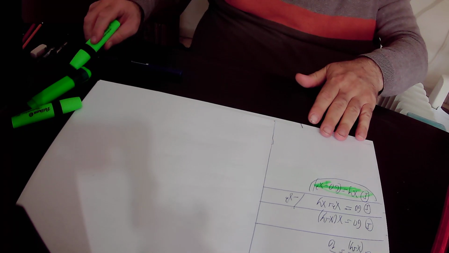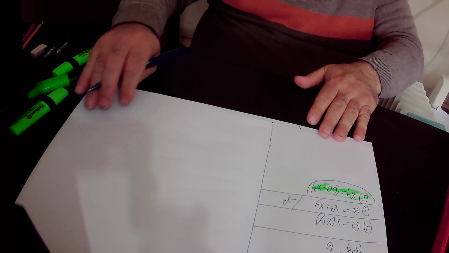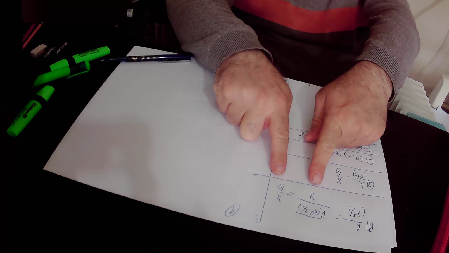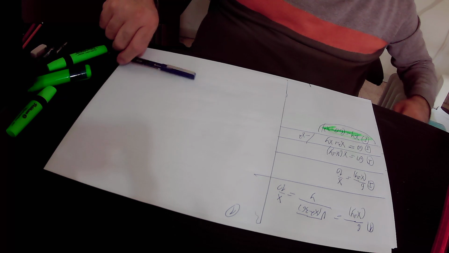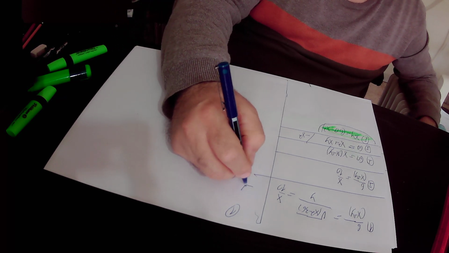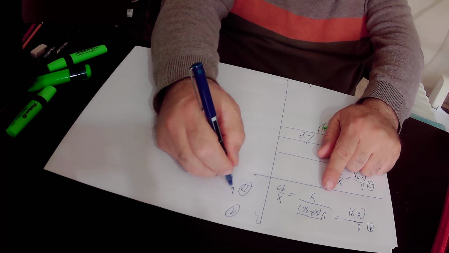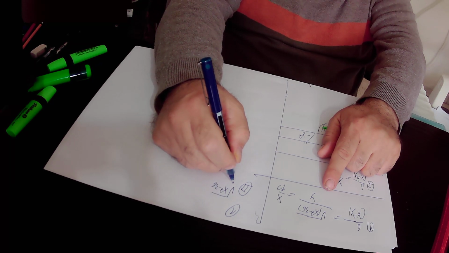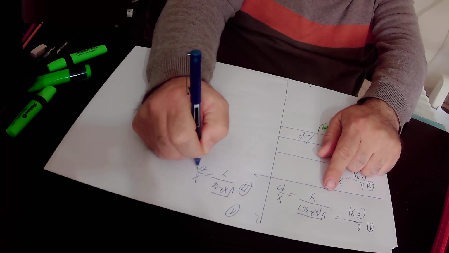In the next step, we create equation number 2. Those two expressions are equal to each other, so this will be equation number 2. So here we get that the square root of x squared minus 36 over y equals x over 10.